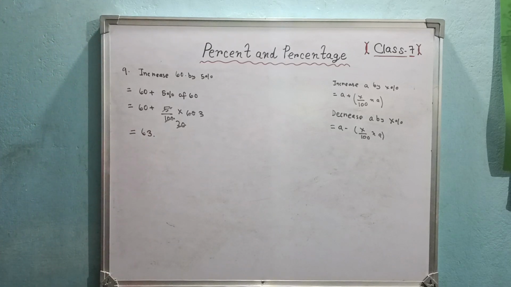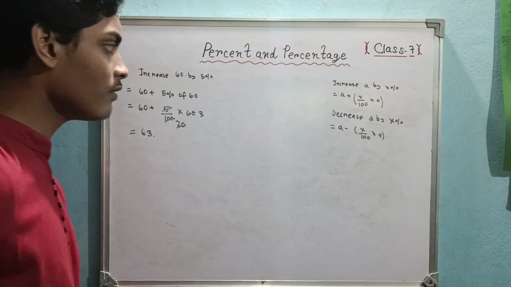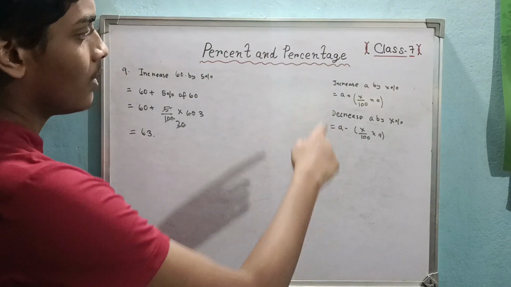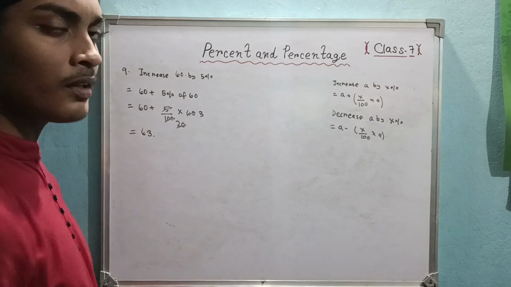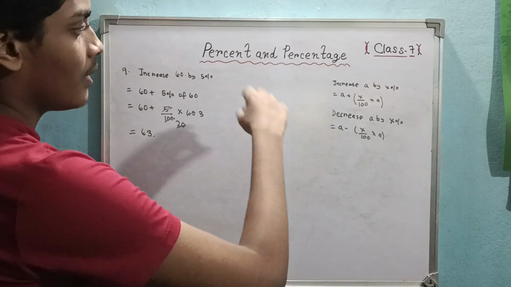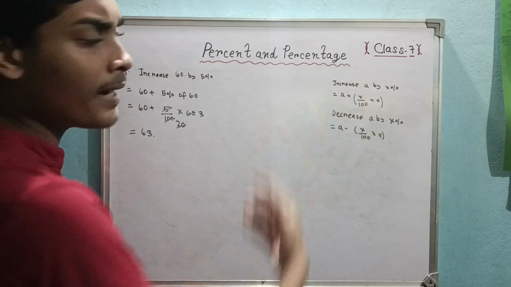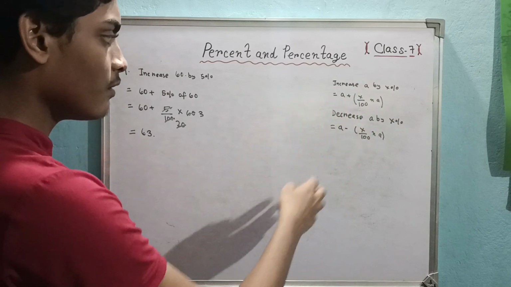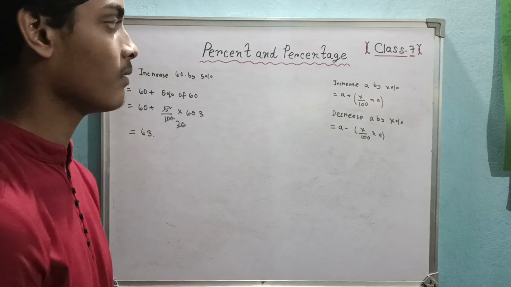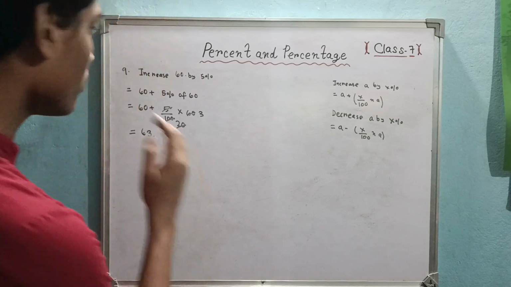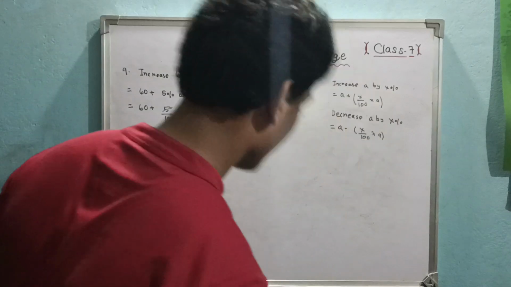So that turns out to be the result. This was a new type of sum. Remember these two formulas will help you in solving. A by x%, if you are told to increase, then a plus x% of a, means x by 100 of, means multiplied into a. Decrease, the sign will only change into minus. Simple formula.